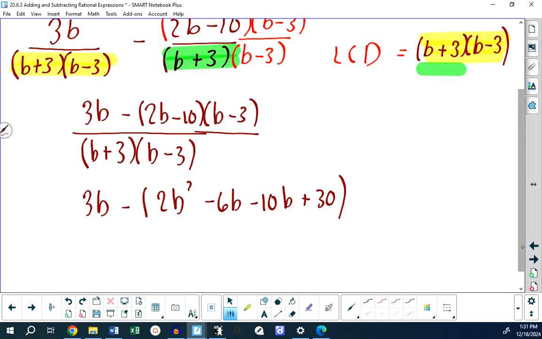And I will give everybody a minute to make sure that you're getting the same thing when you FOIL out the top. Wow, when you FOIL out the 2b minus 10 and the b minus 3. I'm pretty sure that's right. This is over b plus 3, b minus 3.